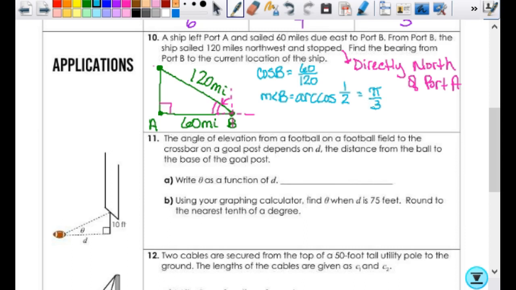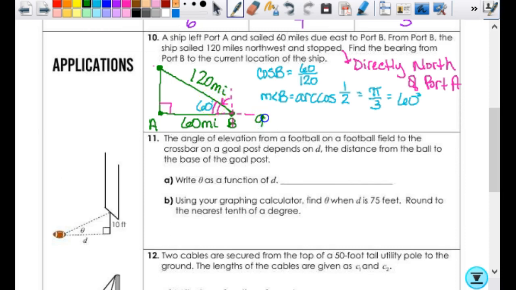Now, when we talk about bearing and whatnot, are we talking in terms of radians? No. So although this is what's going to pop into your head first, and it should, we really need this in degrees. So what's pi thirds in degrees? 60 degrees. Okay. So pi thirds comes first, then you know that that's 60. So this is 60 degrees, what do I do to get the angle I actually want? Subtract it from 90.